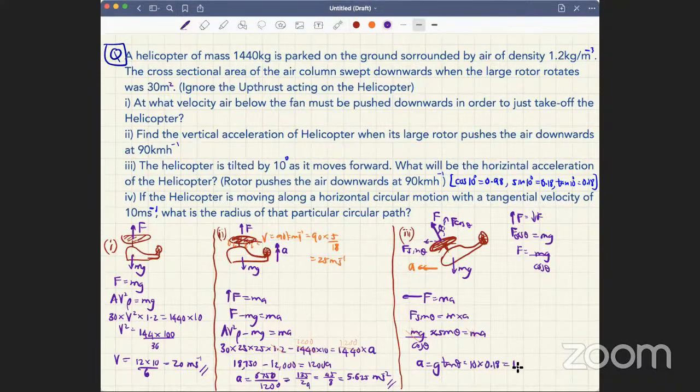So the answer is 1.8 meters per second squared. I've taken roughly 1.8.